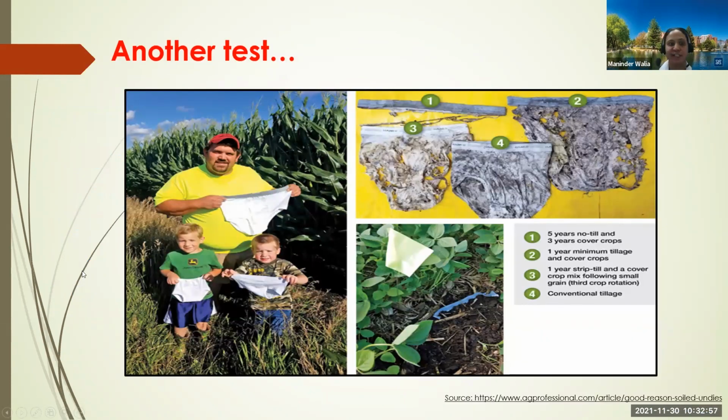So this is another test that I want to bring to your attention that can be done anytime, and we don't require any special kits or infrastructure or inputs to do this analysis. This is called the soil undies test.